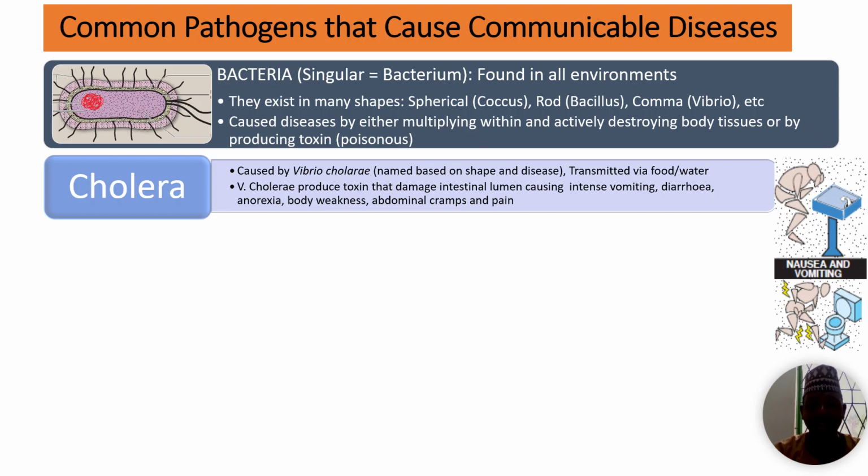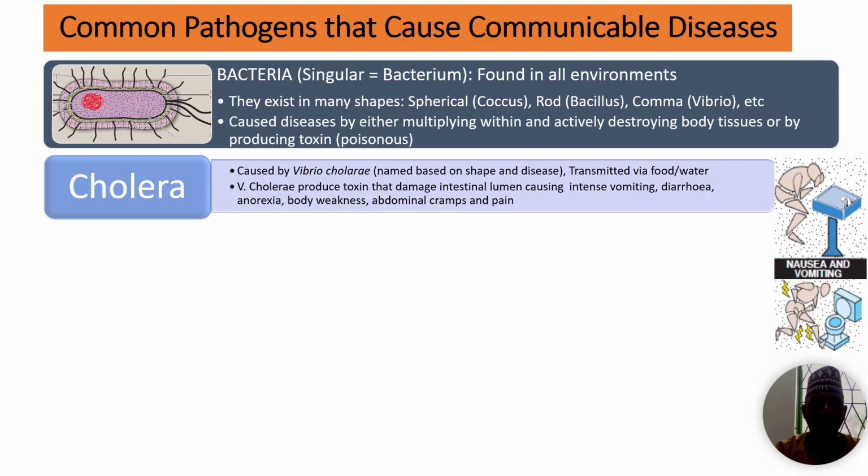this bacteria generally produces a toxin, which is called the cholera toxin, that damages the intestinal lumen, causing massive flow of water and ions into the intestinal tract. So it causes a reverse flow of fluid from the body into the intestinal tract.